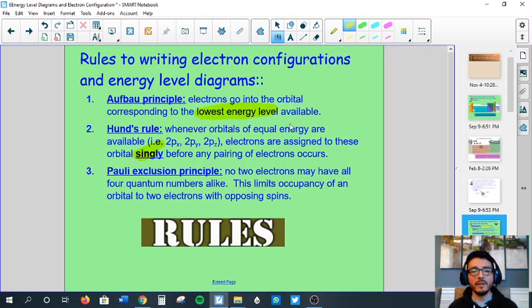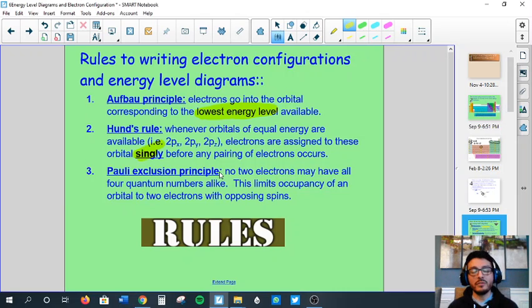You don't want to park your car right next to another car if there's plenty of space available elsewhere. You want to park further away, or at least one spot away from someone else. So you only begin to pair electrons up once there's no more room. And we'll get to how that looks, but it's especially relevant for the p orbitals. And we'll get to examples. The Pauli exclusion principle we talked about in our last lesson.